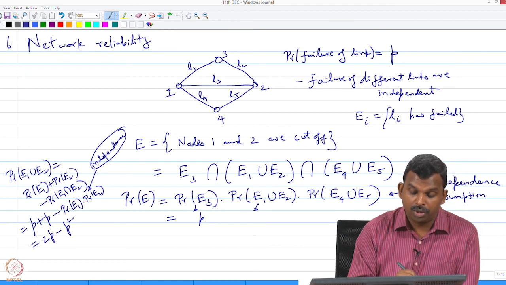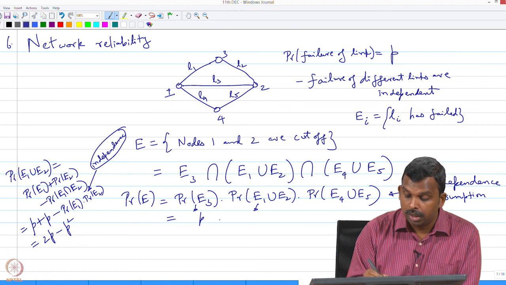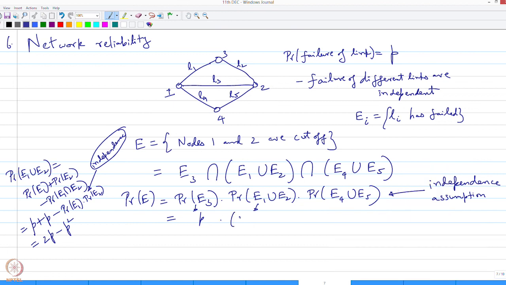So that is the probability of E1 union E2. So it is P times (2P minus P squared) times, what about probability of E4 union E5? You do not have to repeat the same calculation again, it has to be the same as E1 union E2. So you will get 2P minus P squared. So that is the final answer for the probability that nodes 1 and 2 will be cut off.